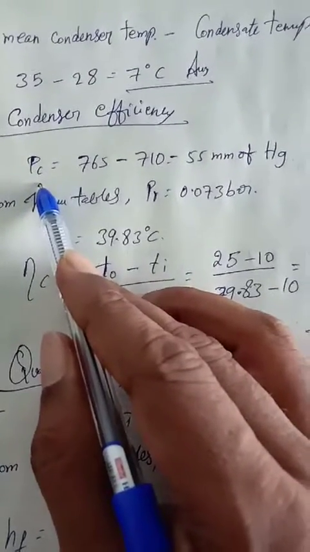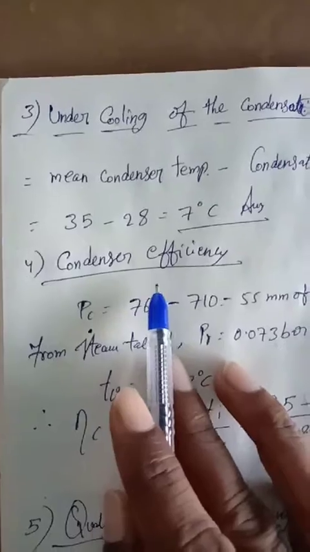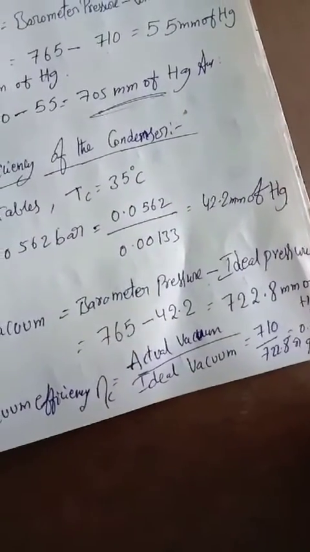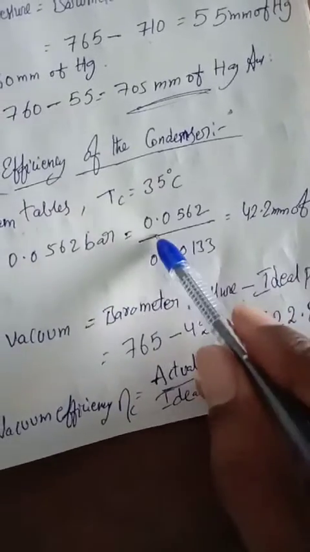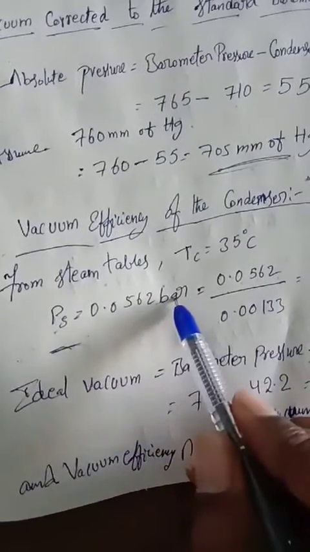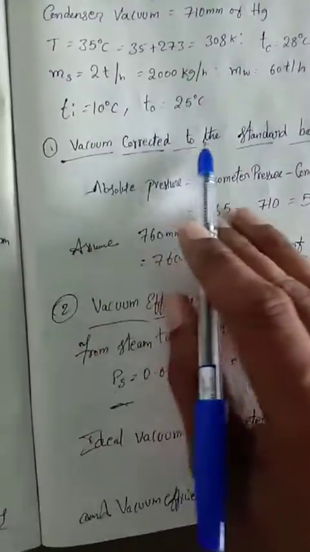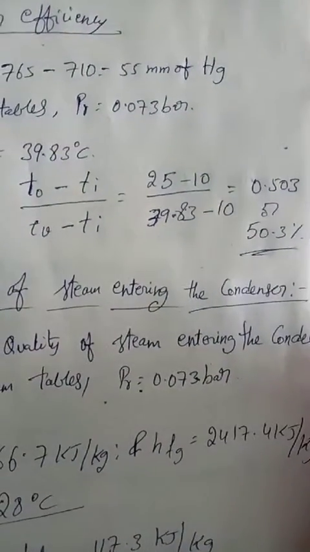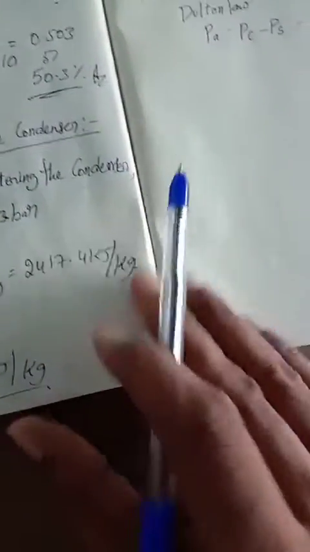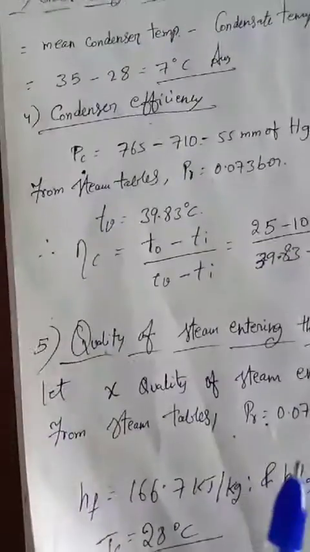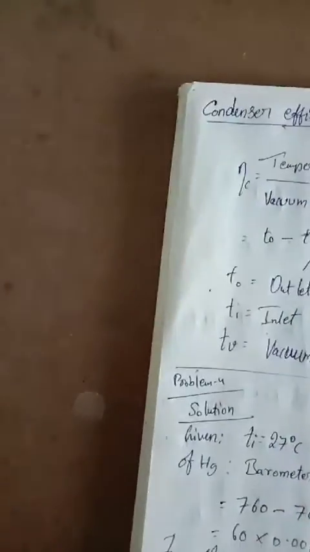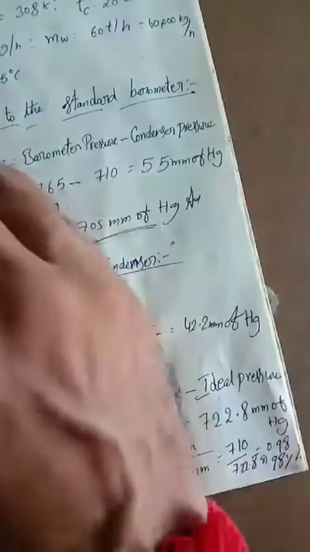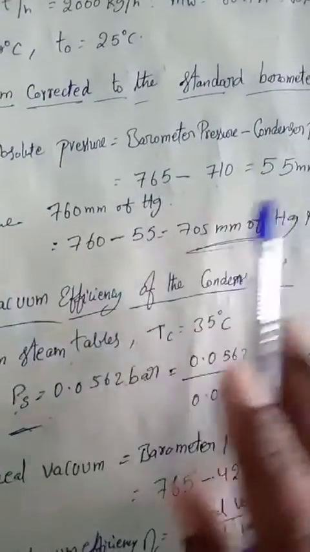We know the PC value is 0.073, and 0.0562 is the PS value. Let me look at the problem again.